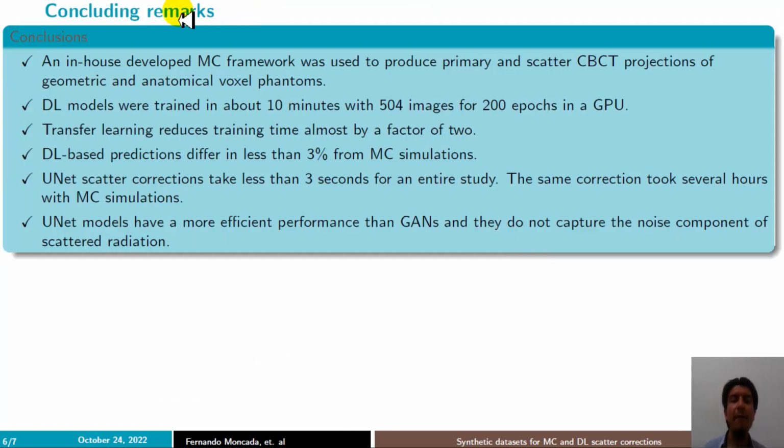In conclusion, a Monte Carlo method was developed to separate the primary and the scatter components of CBCT images of geometric and anatomical voxelized phantoms.